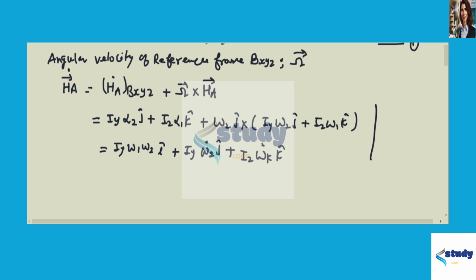Here I can write alpha 2 is omega dot 2 and alpha 1 is omega dot 1.